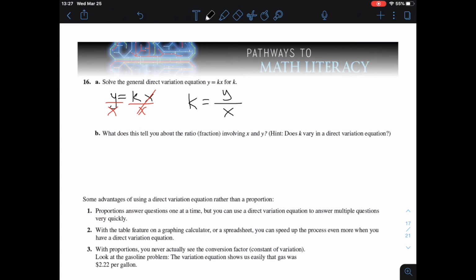So what does this tell us about the ratio involving x and y? Basically that just is going to be the constant.